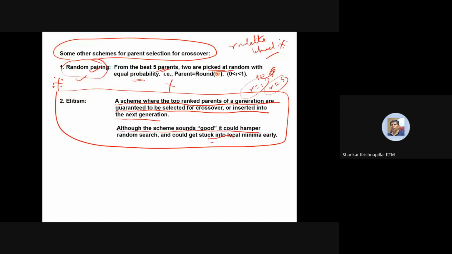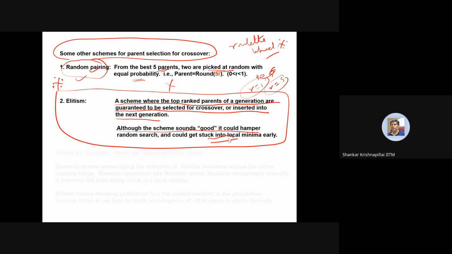But the danger is that what appears to be the best parent in one generation may be only a local maximum. There may be better maxima somewhere else. So it is not good to jump to conclusions like deliberately picking what appears to be a good parent and inserting it into the next generation. Then the search may go to a particular local maxima where that parent occurs.